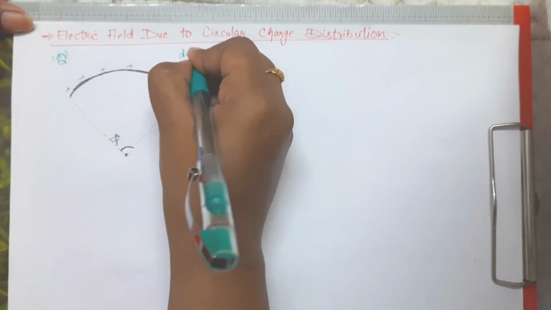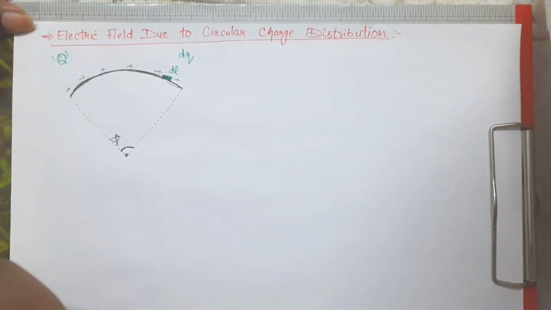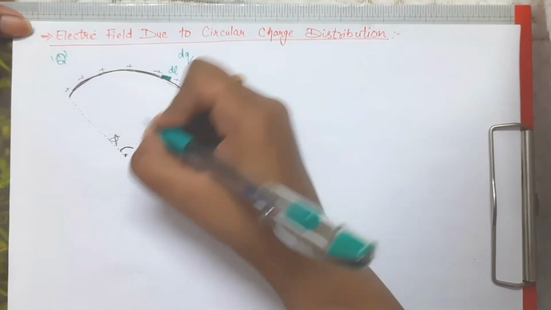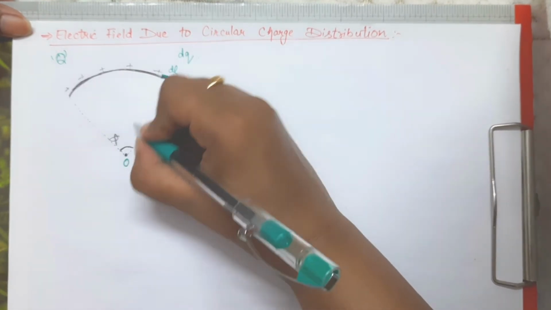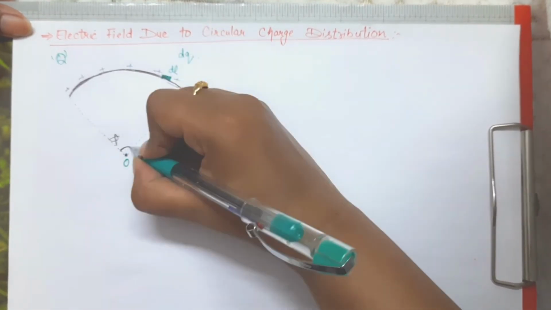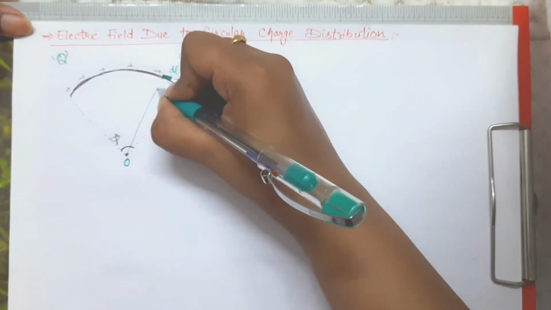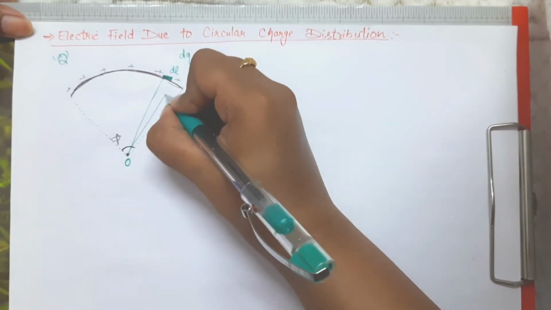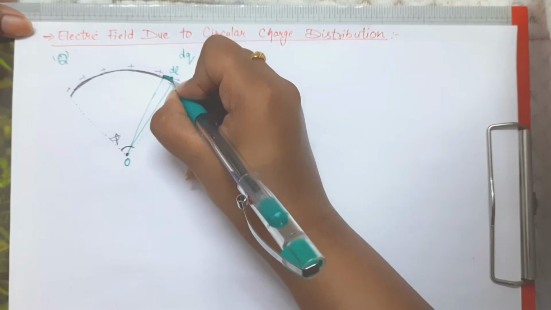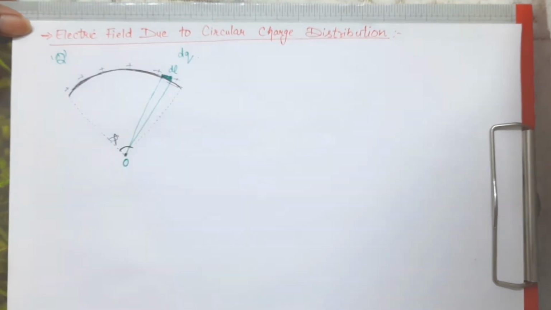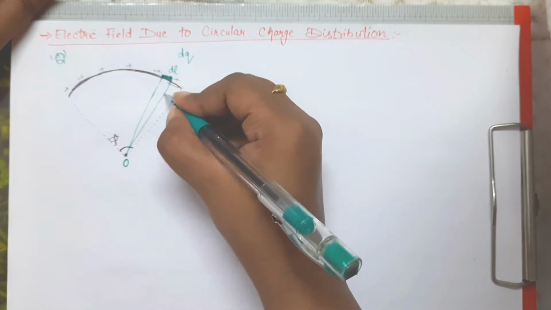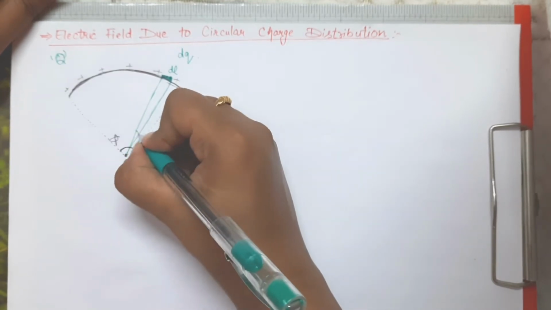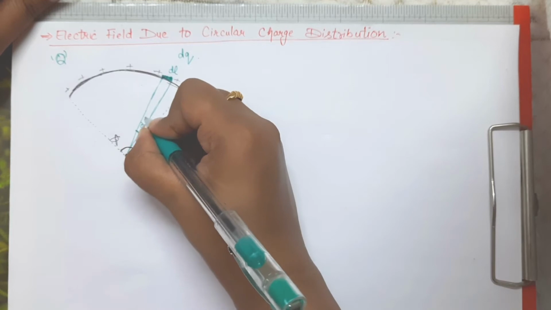Suppose this overall circular length is having overall charge of capital Q, and this small length dl is having small charge of dq. Suppose this point P is O, this is subtending some angle at point O. So I will just join these two points of this length, and suppose this is subtending a small angle of d theta.